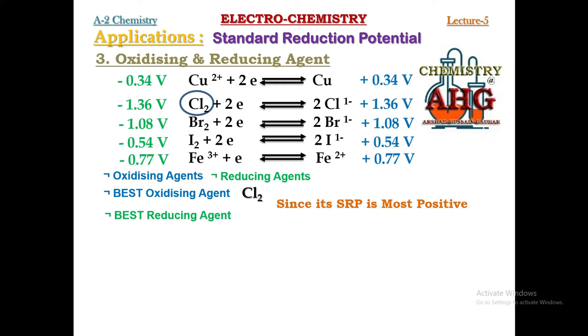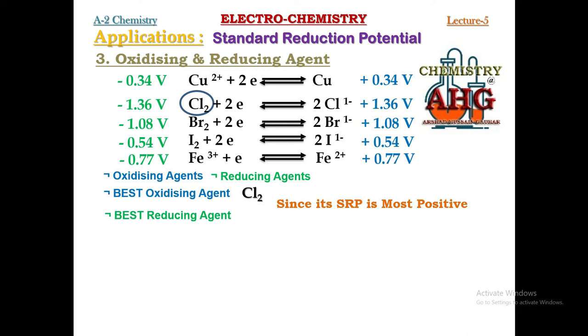Now you can choose which one of these is the best reducing agent, the one that has the most positive standard oxidation potential. But right now you can see not even a single substance has a positive standard oxidation potential. So instead, you can say that the strongest reducing agent is the one whose standard oxidation potential is least negative, the one that requires the minimum amount of electrical energy to undergo oxidation.